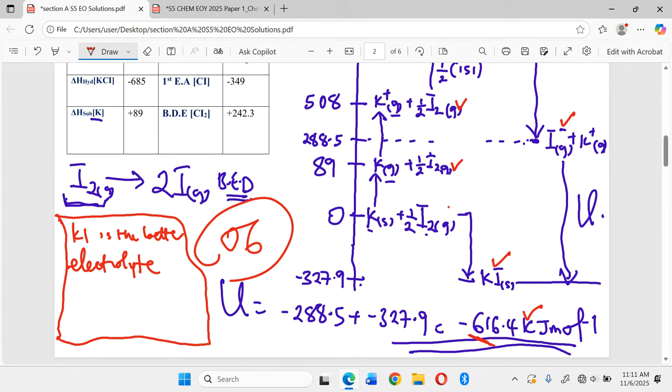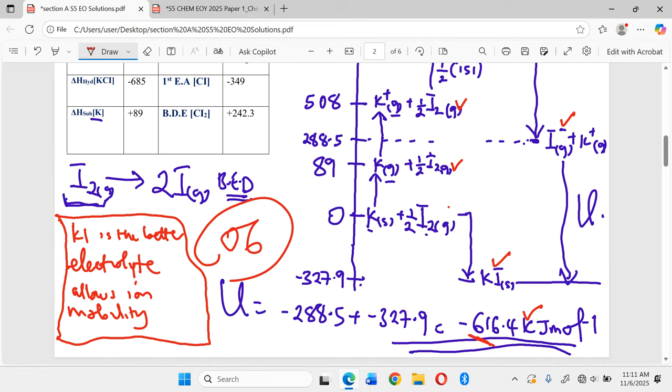We have seen the one it has, while the other one, potassium chloride, has negative 716. Because of its lower lattice energy, that allows greater ion mobility and higher electrical conductivity.